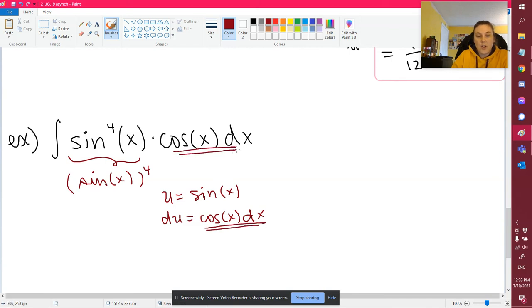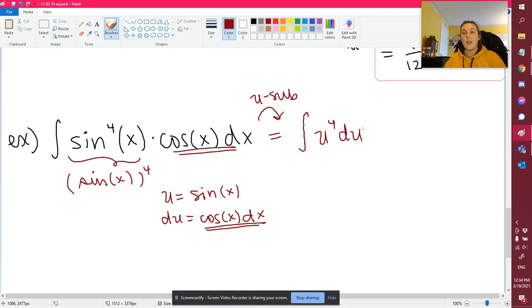We actually just straight away have that without any unsimplification. So we're just going to immediately u sub, right? No need to counterbalance anything. This is just u to the fourth times du already. We already have the derivative of the inside function there. We don't have to hustle for it.